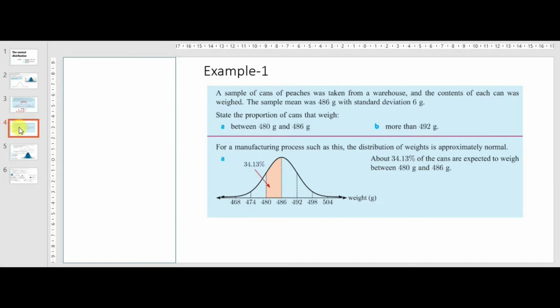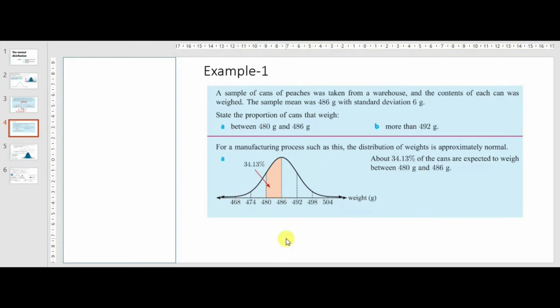The first step that you have to do is always draw a sketch of a bell curve like this, and your mean is 486, so the center line is 486 here. Your standard deviation is 6 on either side, and you can subtract 6, add 6.